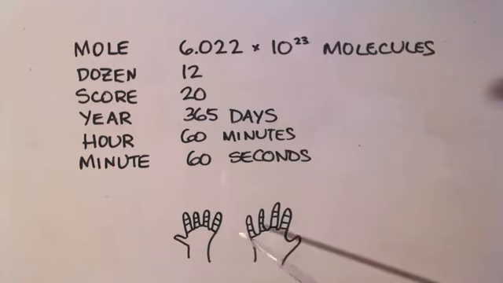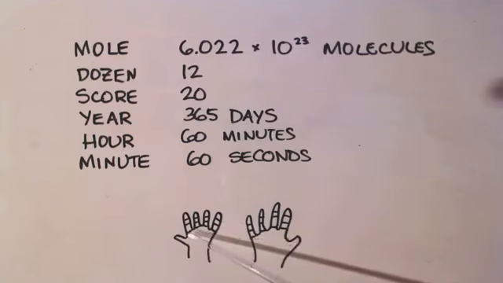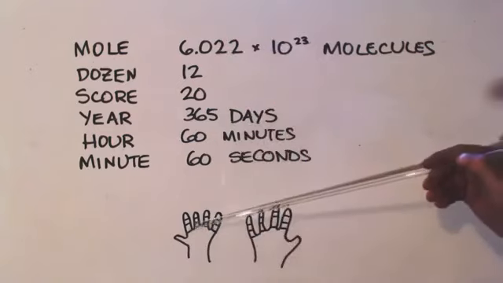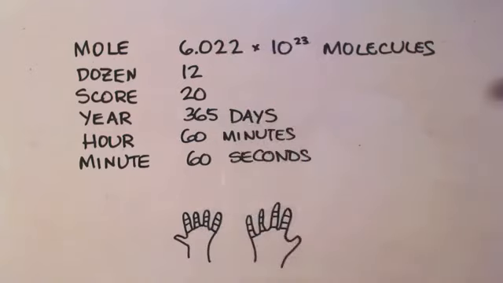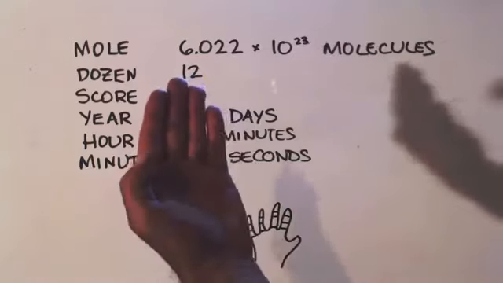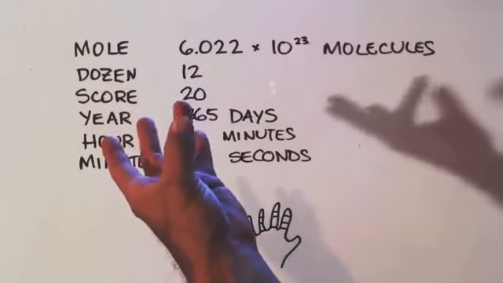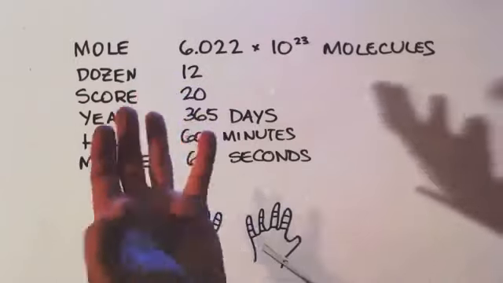I want you to look at these hands. It's a terrible drawing, but see the little lines I have on the fingers? Just like on your fingers, you've got little lines that go across there. If you put your hand out like that and took your thumb and counted each individual section, there are 12 sections.